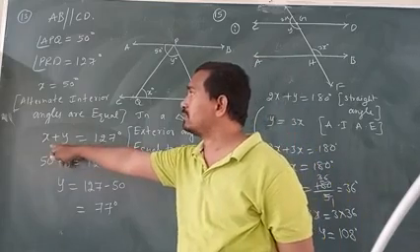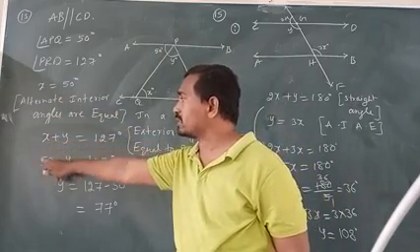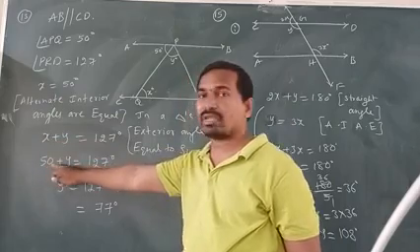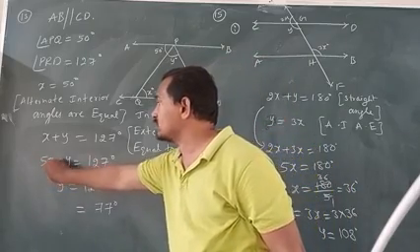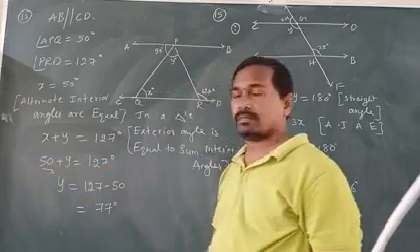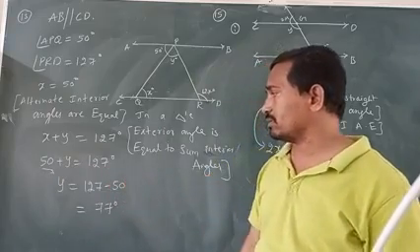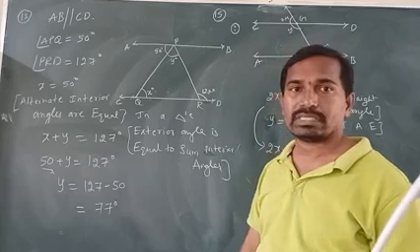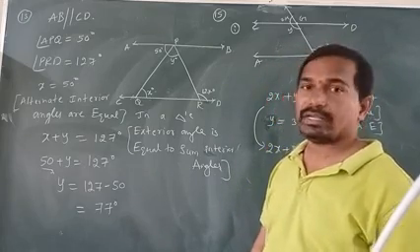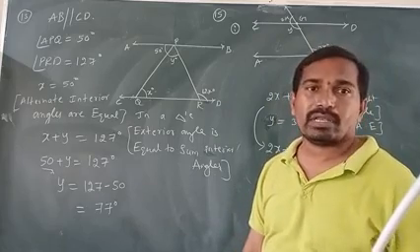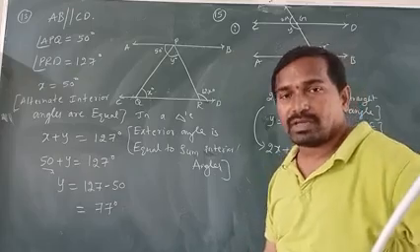But what is x? 50 degrees. Substituting, 50 plus y equals 127. To find y, transpose this 50 to the right side: 127 minus 50, so y equals 77 degrees. So we are applying properties and finding unknown variable values in the given figure.